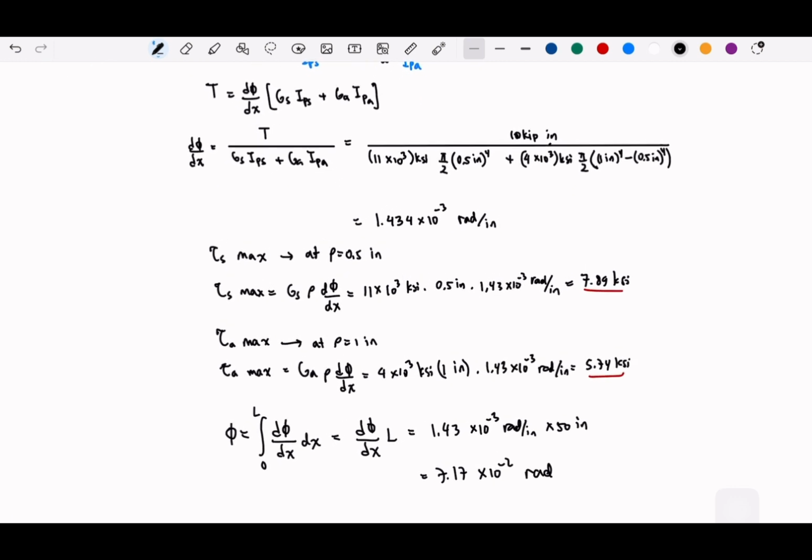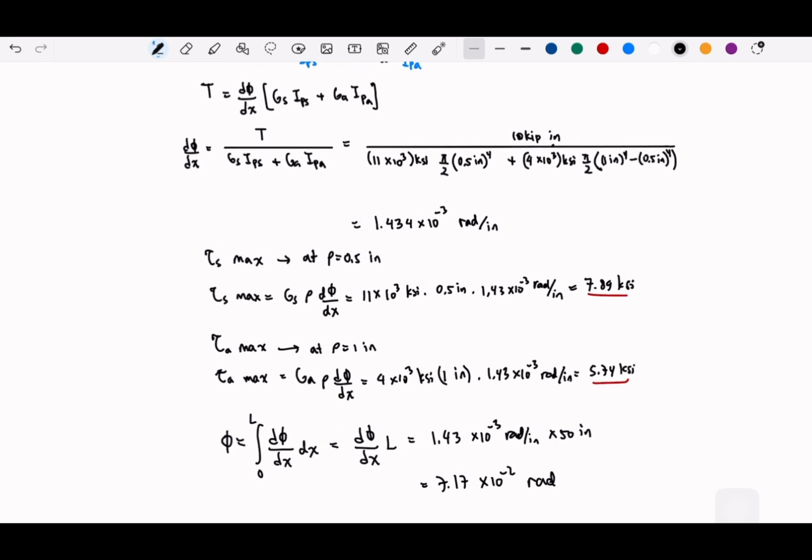But in the Monday class, we will continue the torsion until we finish. And maybe at the end, before the final exam, we will have one more chapter about beams, okay, about beams.